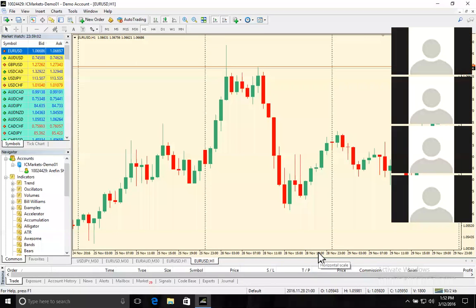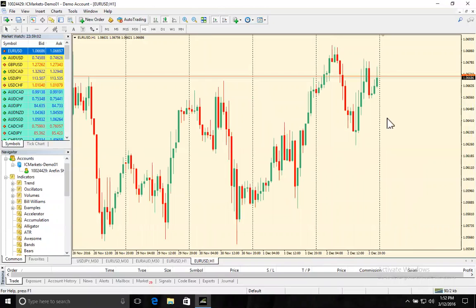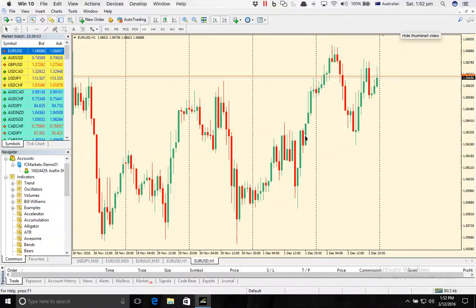For hourly and 30 minutes, you simply look back maybe 1 or 2 weeks, and that should be enough. Because we are on the hourly chart, we will go back and see how far we can go. Here you see this is the 2nd of December, 28th of November, so it's 1 month. That's enough for this.